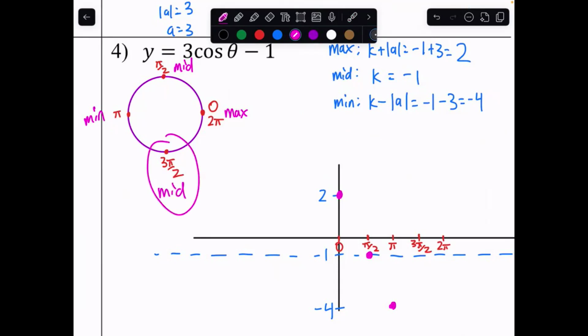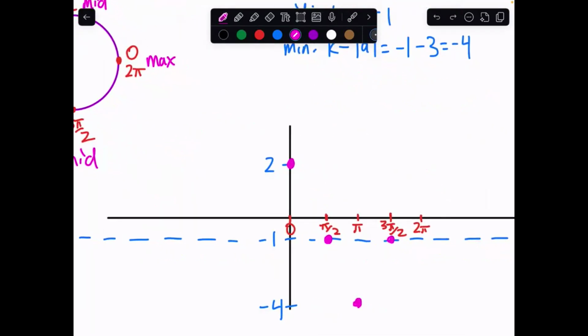Okay, so 3 pi over 2 is at the midline of -1. Okay, and then 2 pi, we already identified is at the maximum, which is positive 2. Okay, and when you connect these up, please make sure you use a curve, not straight lines.